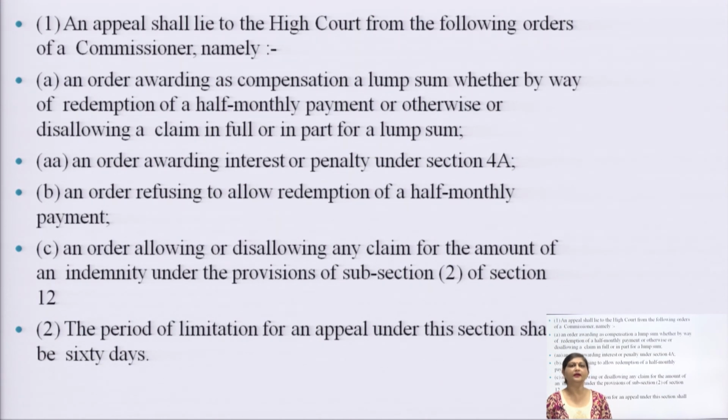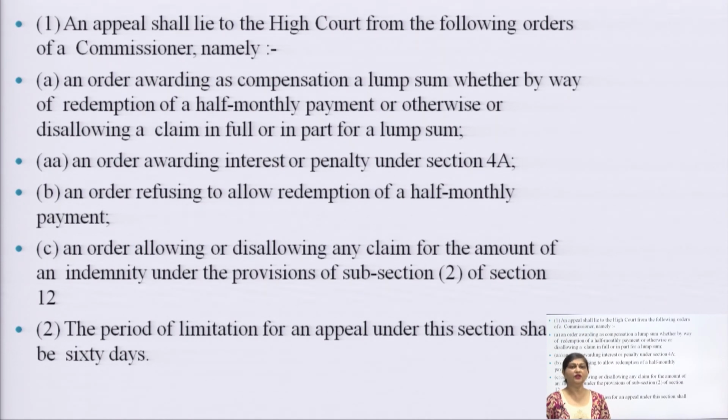Next is an order awarding interest or penalty under section 4A, or an order refusing to allow redemption of a half monthly payment, or an order allowing or disallowing any claim for the amount of an indemnity under the provisions of subsection 2 of section 12.